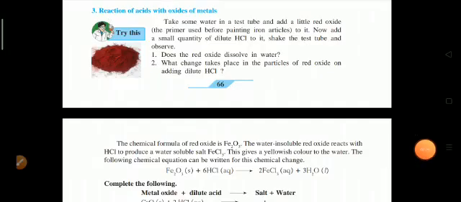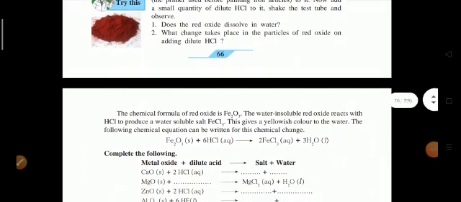Third point is reaction of acids with oxides of metals. The chemical formula for red oxide, that is iron oxide, is Fe2O3. You have to remember all the formulas and what is released. The water insoluble red oxide reacts with HCl to produce a water soluble salt, FeCl3. This gives a yellowish color to the water.